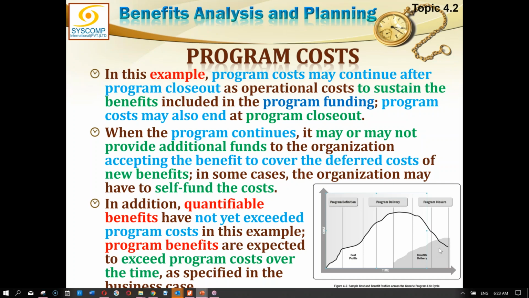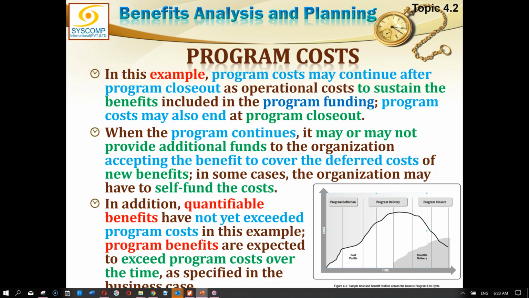In this specific case, the benefit delivery will ultimately yield more than the program cost after a certain period of time. But we are closing down the program at this point, and therefore this is on an expectation that these benefits will keep rising. And to make sure that expectation is fulfilled, I am giving a program sustainment plan to whomsoever I am handing it over to.